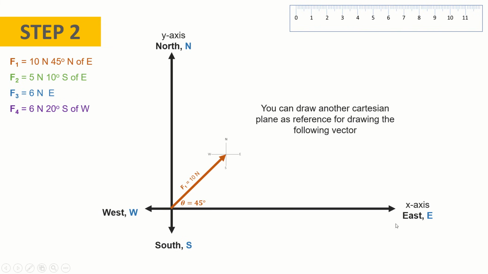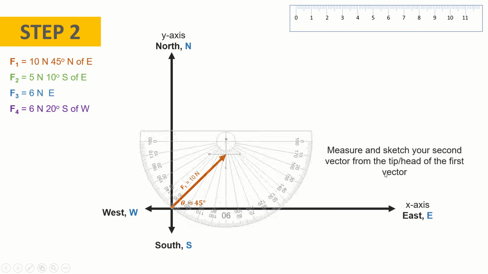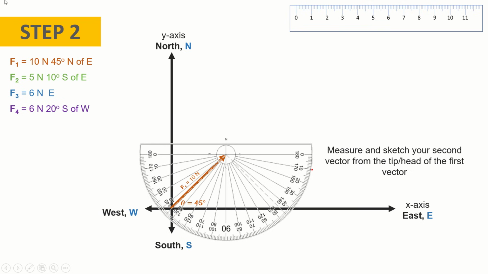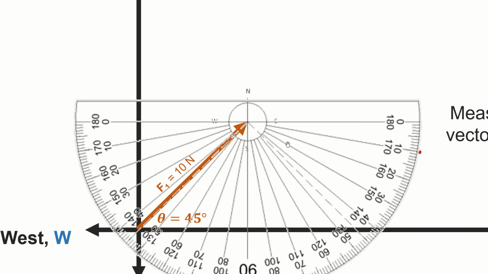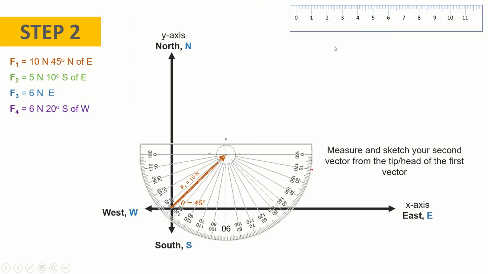So let us now use our protractor to measure 10 degrees. We already marked the 10 degree angle with respect to our east line. We align the protractor with our Cartesian plane and then measure 10 degrees. That is our 10 degrees with respect to this smaller Cartesian plane.